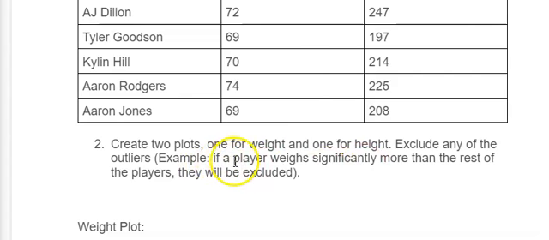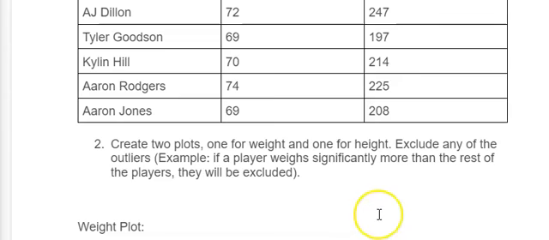So for example, if a player weighs or has a height that's significantly more than the rest of the players, or they could be significantly less than the rest of the players, and I would say there's a huge difference in where most people are weighing or the height of most people. If that one player or two players is significantly more or less than the others, then you can exclude that.